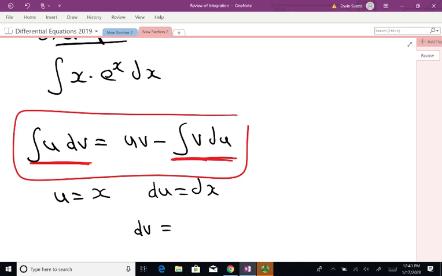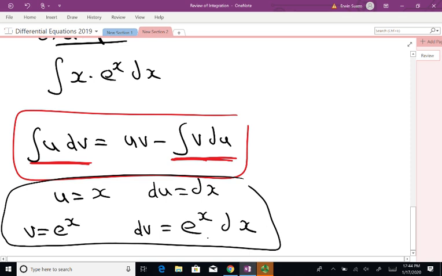So the ideal integration by parts is one where things disappear. So u is going to disappear something. And so I have e to the x dx, and the integration of that one is v, and this is e to the x, because I need to find the antiderivative of this one. The antiderivative of e to the x is e to the x. So that's my substitution. So I have u dv, you see? u dv is this guy.